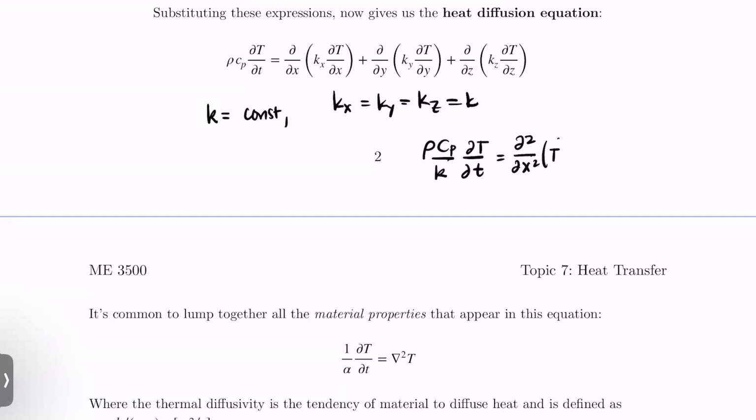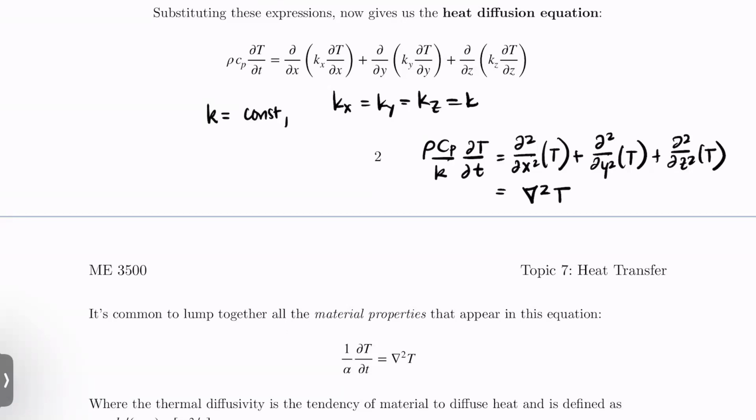So we have rho Cp over K, partial T, is equal to the second derivative with respect to x of T plus the second derivative with respect to y of T plus the second derivative with respect to z of T. And this on the right-hand side is just the Laplacian of T. This shows up in the Navier-Stokes equations too. Because everything has come full circle at this point, this Laplacian, that's diffusion.